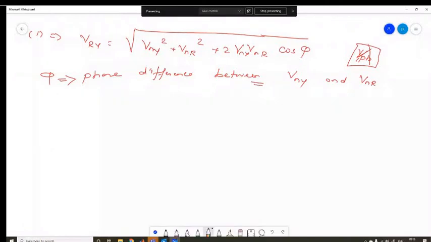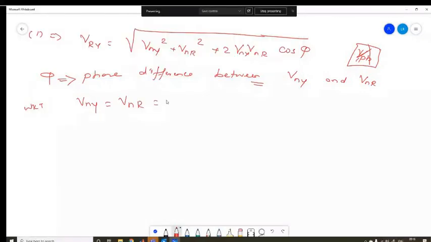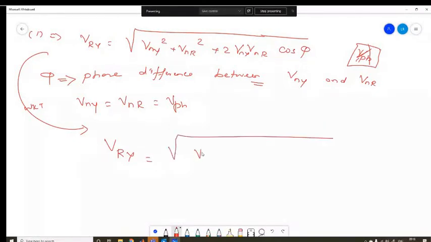So we know that VNY is equal to VNR is equal to VPH. So therefore, this VRY is nothing but root of, and this VRY is nothing but your line voltage. So this relation also we have established if you look at the previous pages.